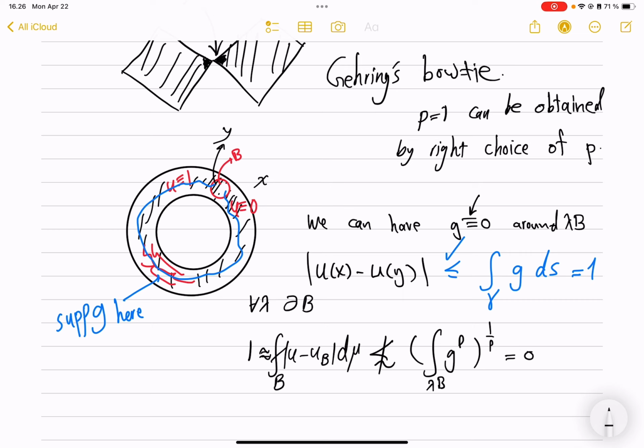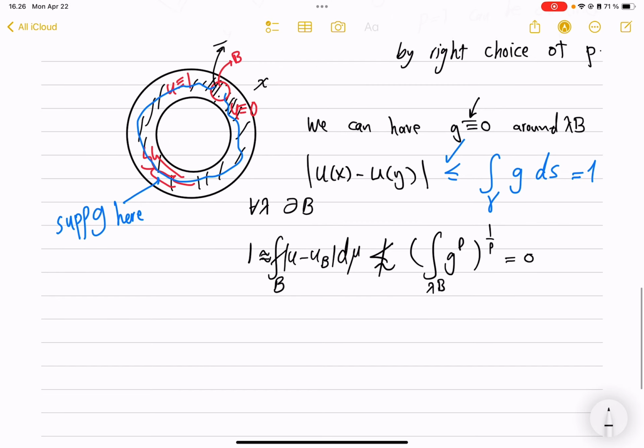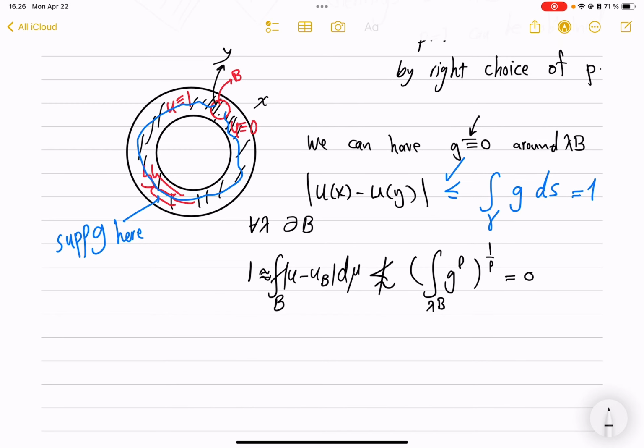And this example is a hint at what is called the quasi-convexity of spaces with Poincare inequality.